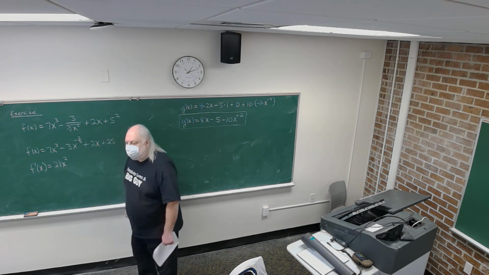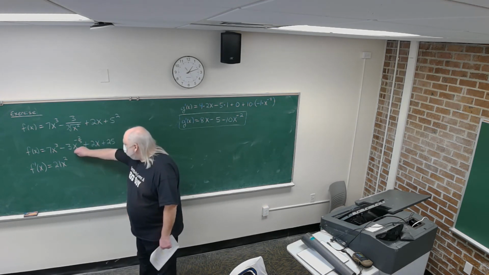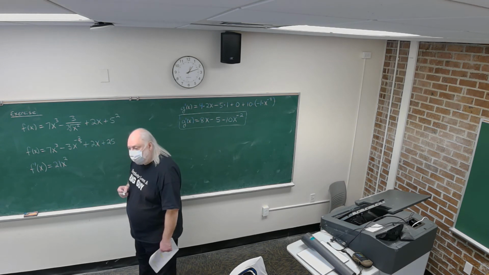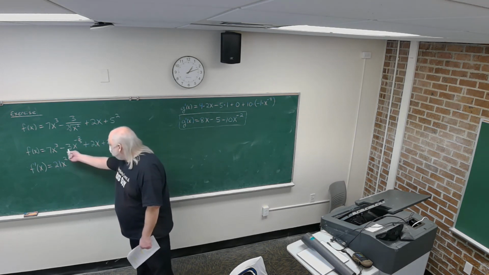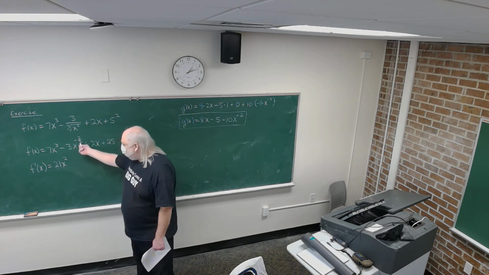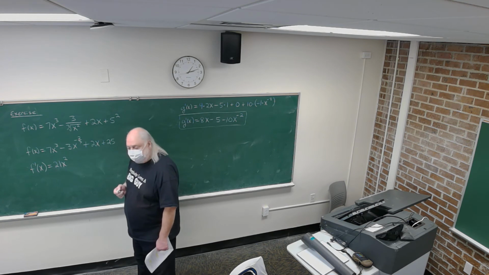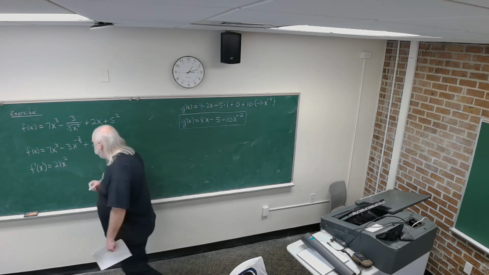Brian, what'd you get for derivative of second term? 2 over the cube root of x. That's true. So minus 3 times minus 2 is equal to plus 2, right?